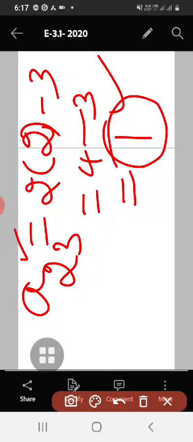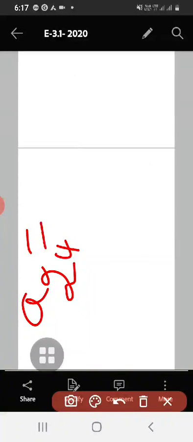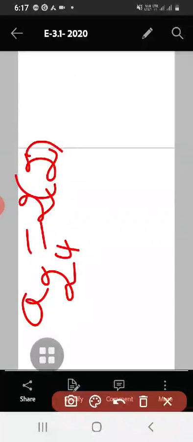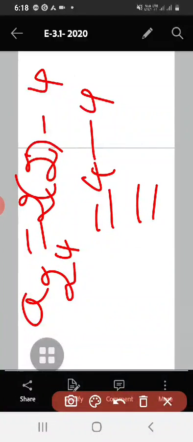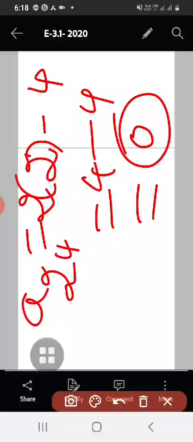So A23 is equal to 1. Then A24: 2i minus j, 4 minus 4 is 0.